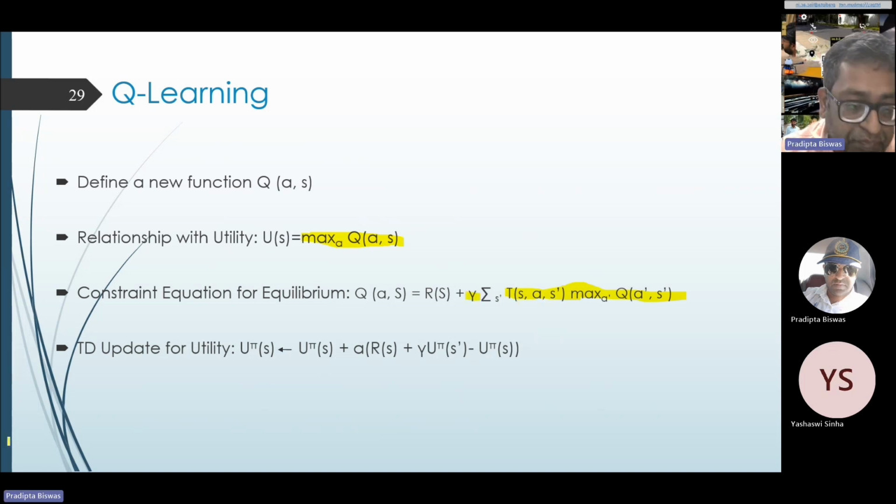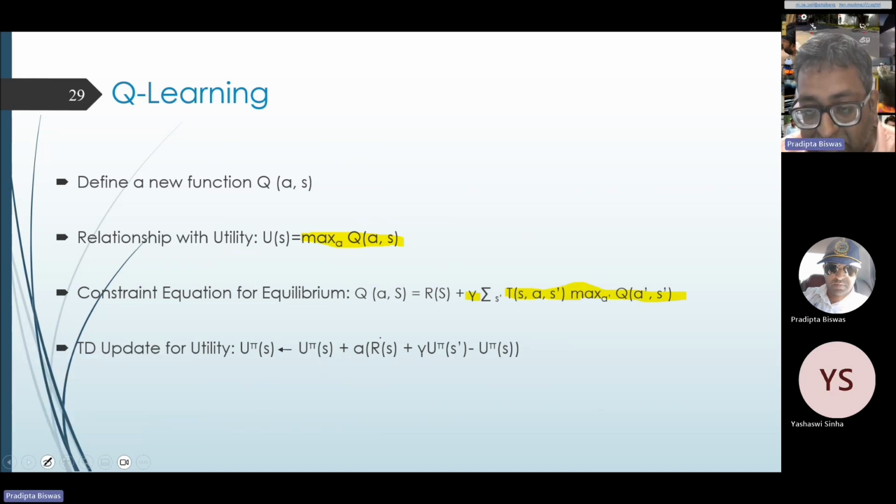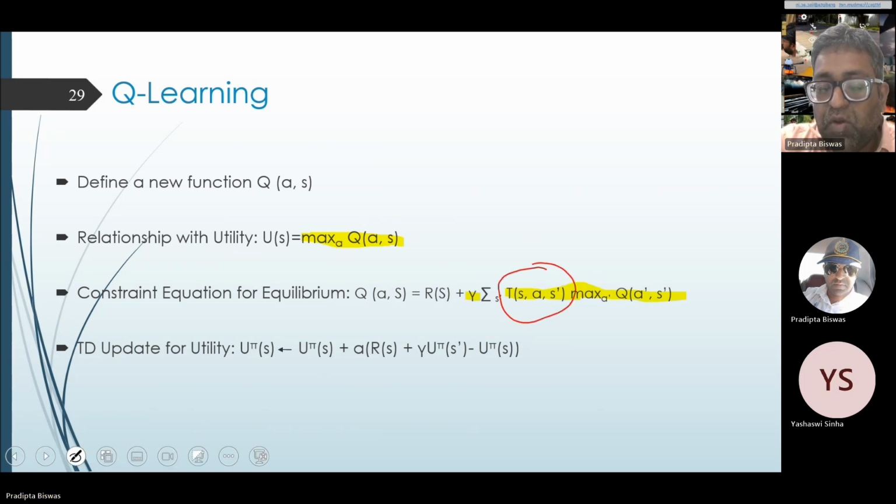Now, the problem is I do not know this state transition probability, because if I already knew that, I could just do policy or value iteration.